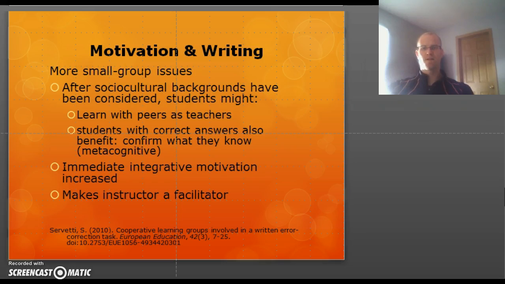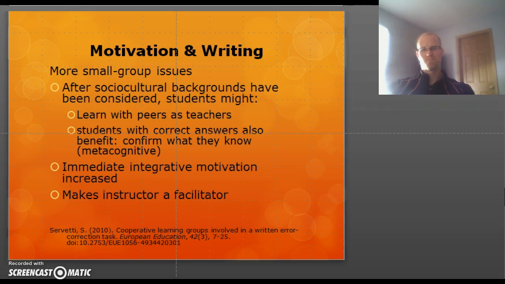As I said before, there is quite a bit of overlap here. So when we think about these small groups or peer editing or peer review, we still have to remember to consider sociocultural backgrounds and things of that nature before matching up our students most effectively.